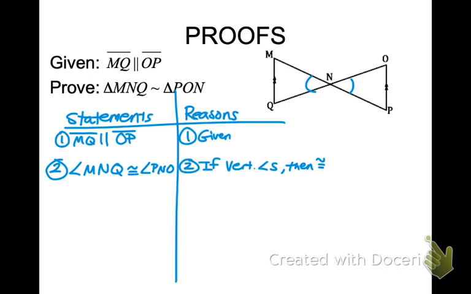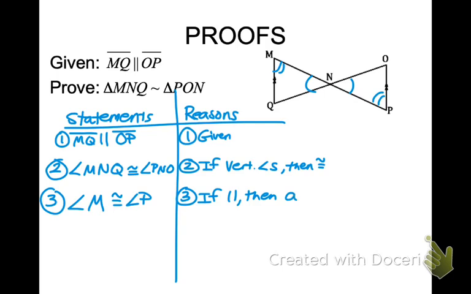We can either do M and P, or I could do Q and O. Which one do you prefer? There's no right or wrong. M and P. All right, so if we go M congruent to P, and I can just say M. I don't need 3 letters there because there is only one angle occurring at M and P. And then I can write if parallel, then alt int angles congruent.